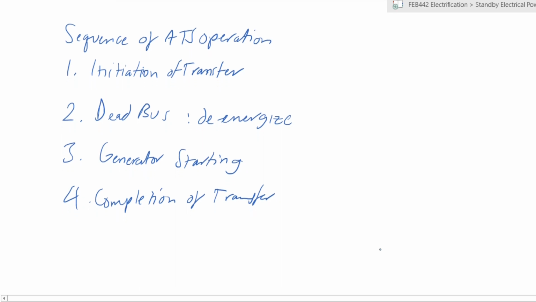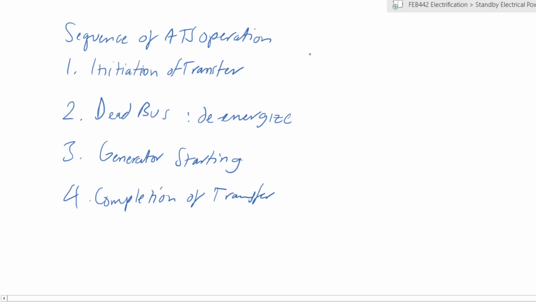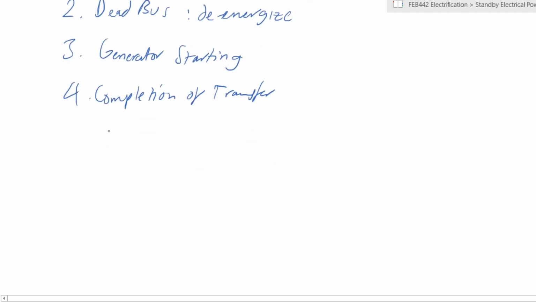So this is the sequence of operation for mains to standby. What is the sequence of operation for standby to mains? In this case, you reverse the sequence of events.